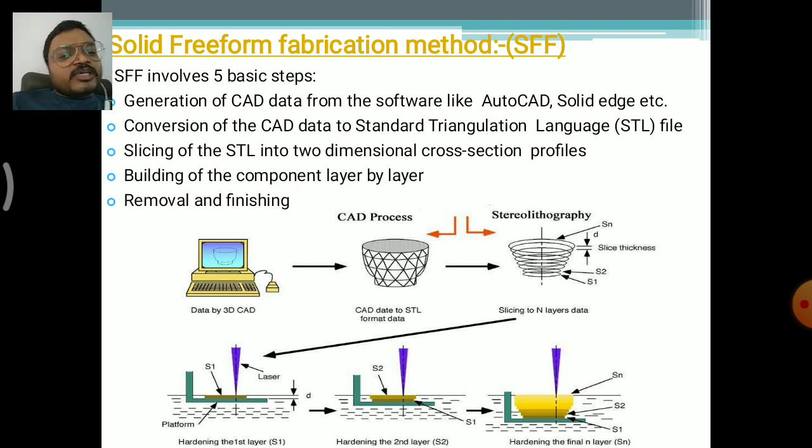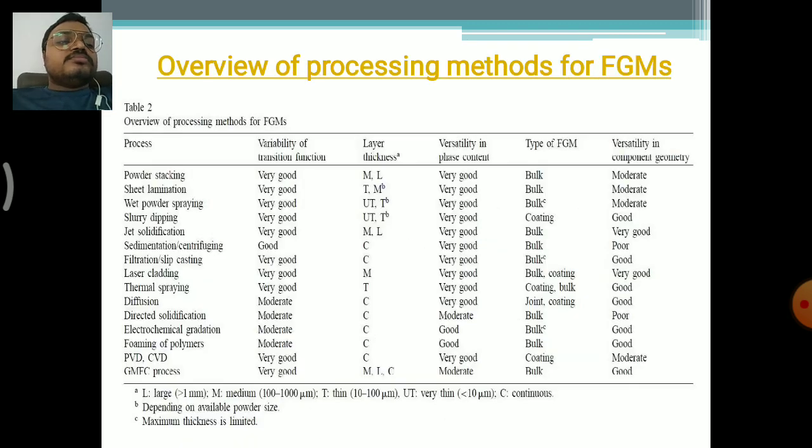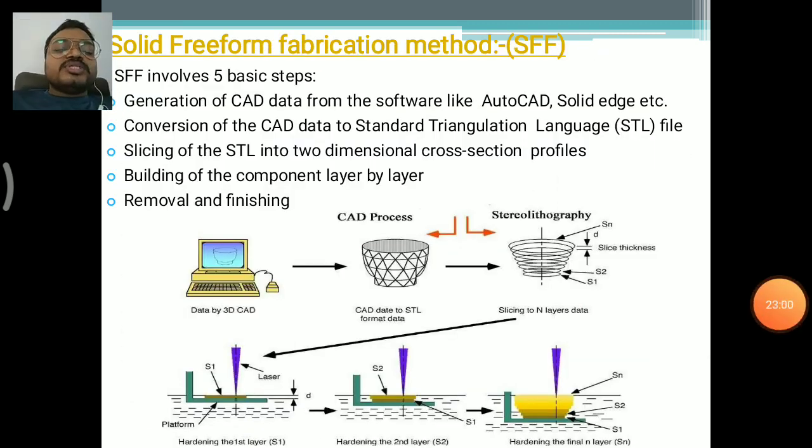It generally involves five steps. In solid freeform fabrication we are using software such as AutoCAD, Solid Edge or CATIA. The first step is the generation of CAD data from this software. Then we convert the CAD data into an STL file, that is, a standard triangulation language file. The STL file is a must for SFF, and we use AutoCAD or Solid Edge to convert into the STL file.